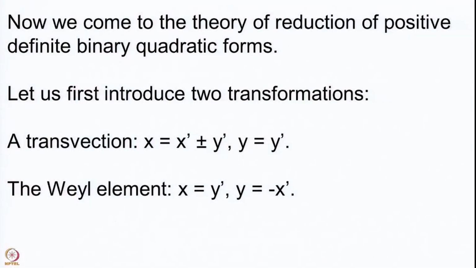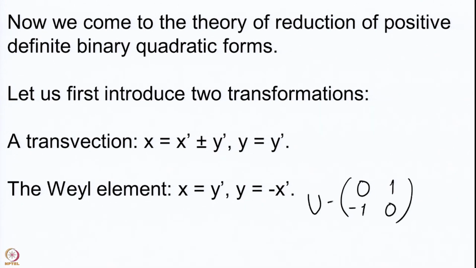And the second transformation that we want to introduce, for want of a better name, I will call it the wall element. So, this is written as 0, 1, minus 1, 0.